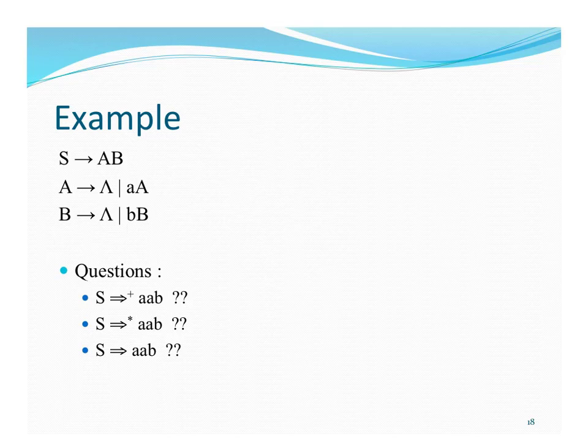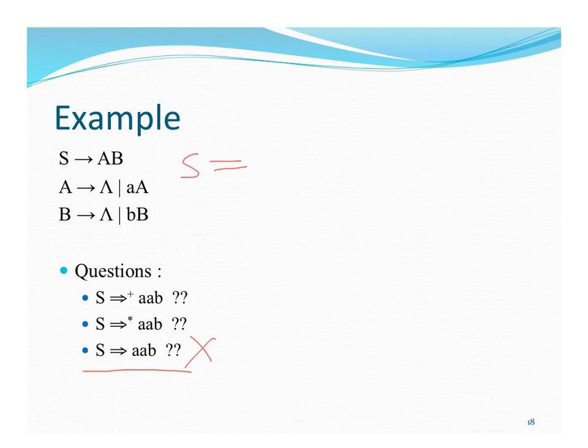So just to make sure you're clear on this, let's do these questions from the bottom up. Can you get in exactly one step from S to AAB? The answer is, of course, no. Can we get from S to AAB in more than one step? Sure we can, but let's do it real quick.